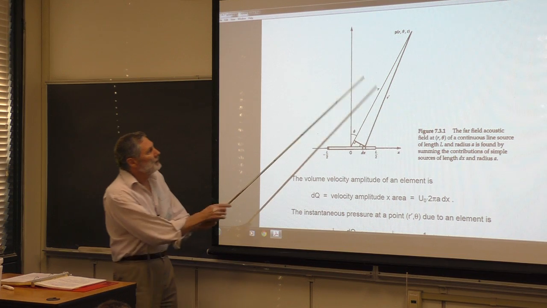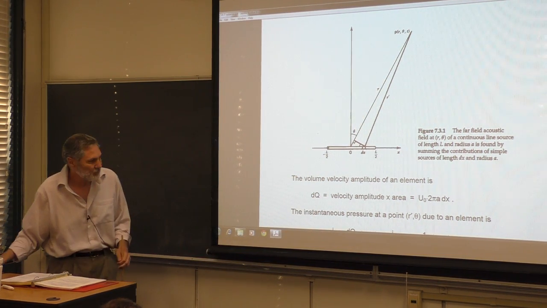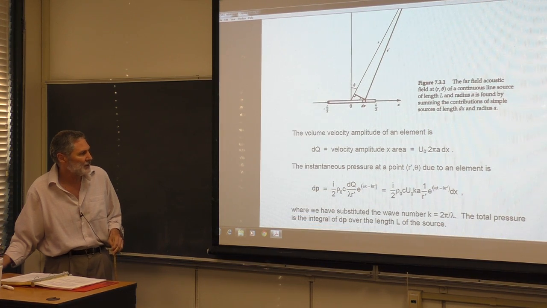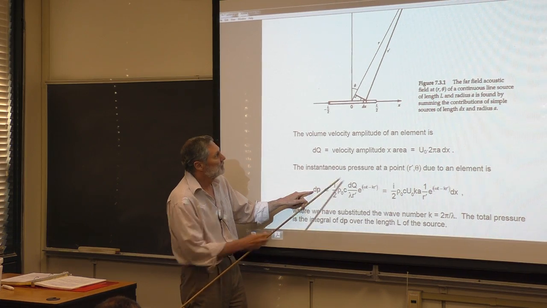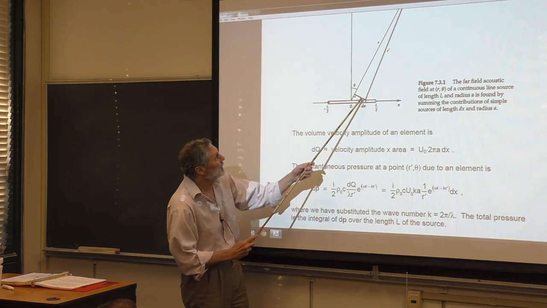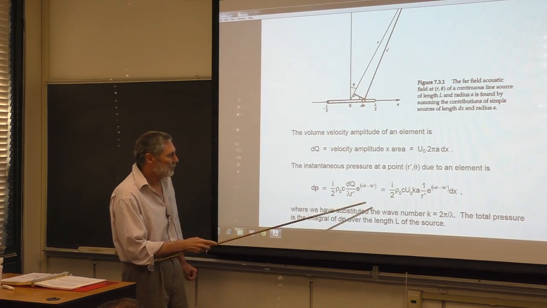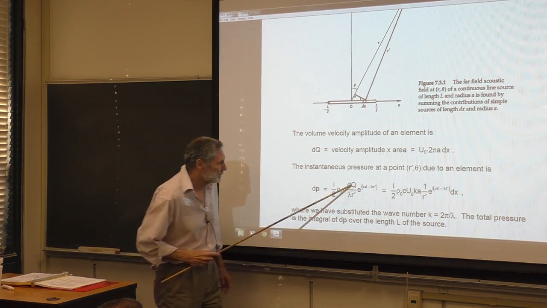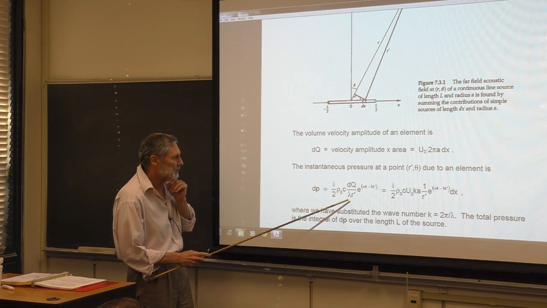So the instantaneous pressure at some point here will be due to the sum of all the individual instantaneous pressures. Here it is for this little source right here. We've got to use this distance, which we're calling r prime, which is a variable, and we need to integrate over all this. I've substituted the wave number here to get rid of the wavelengths.